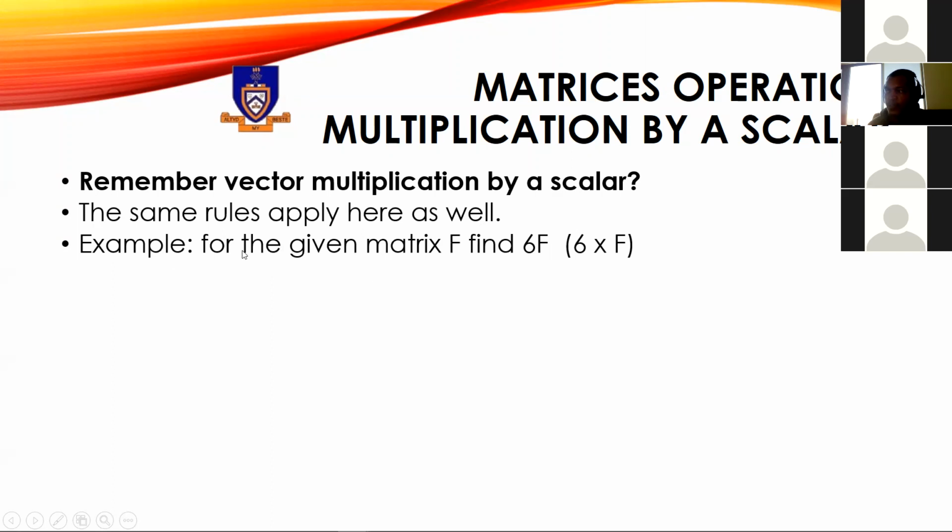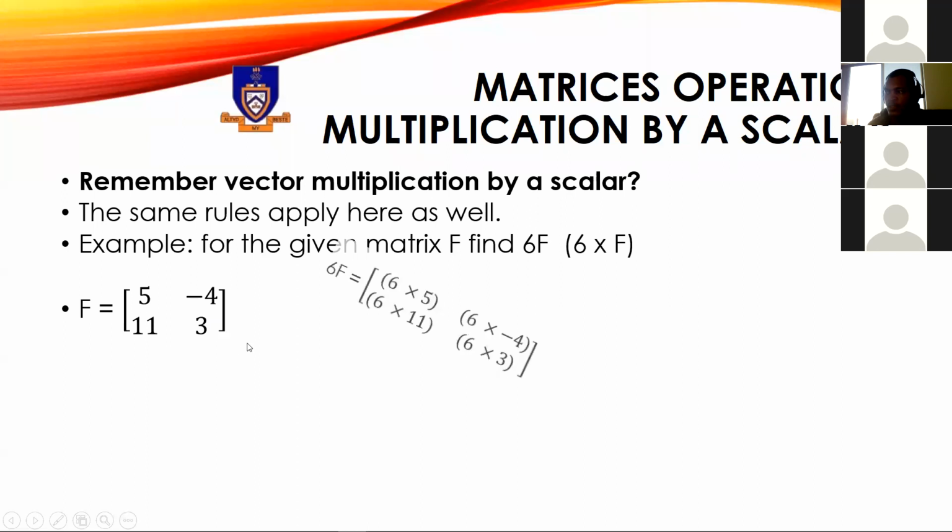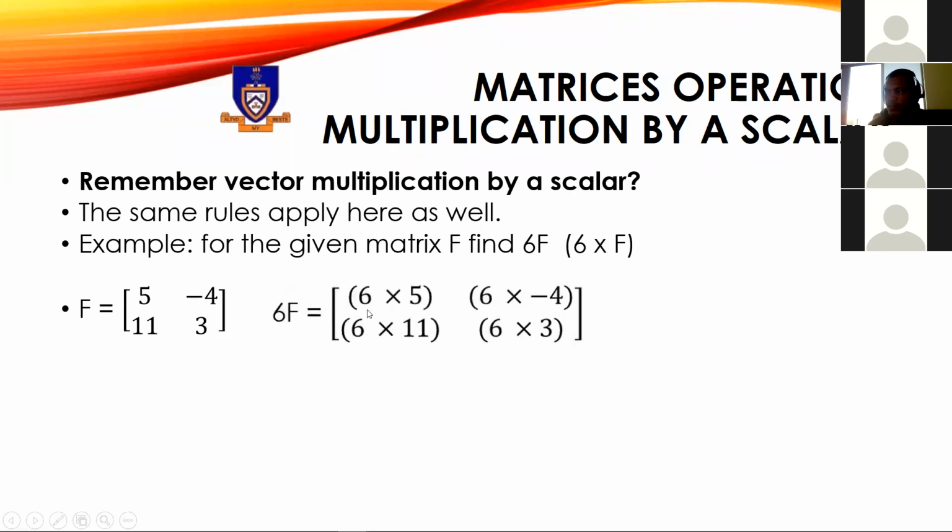Example, for the given matrix F, find 6F, okay? So 6F is just 6 times F. So let's say this is matrix F, and we have to find 6F. So 6F therefore equals 6 times the 5, 6 times the minus 4, 6 times the 11, and 6 times the 3.